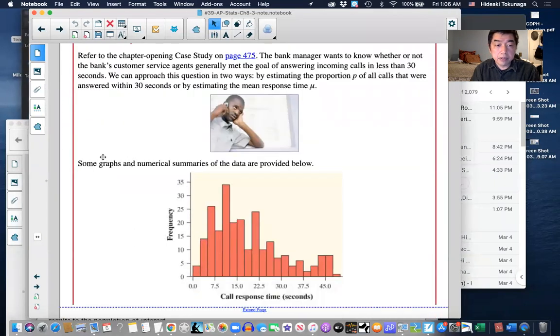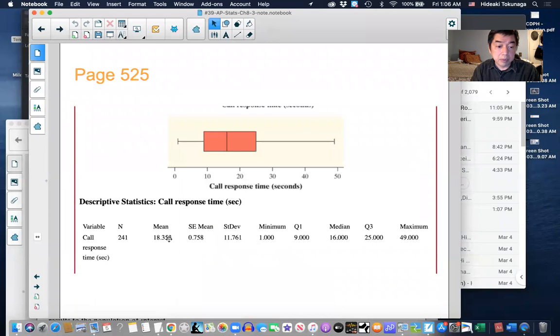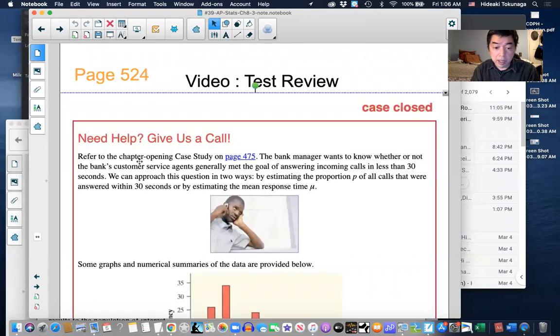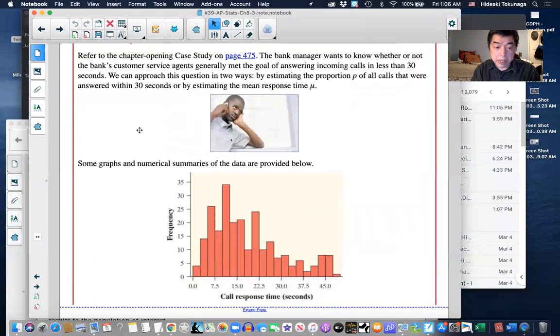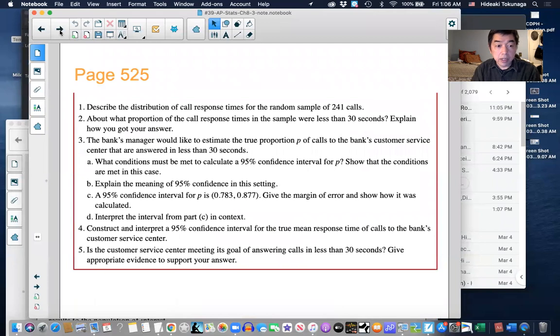Now, question number one. They gave you the computer output and box plot and histogram. Describe the distribution of call response time for the random sample of 241 calls.